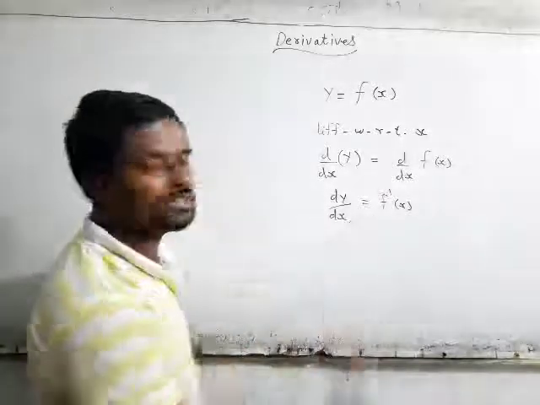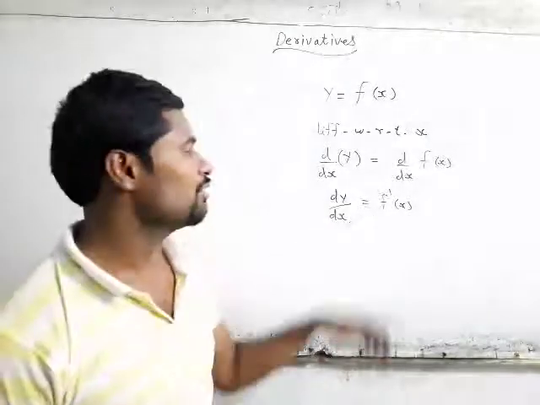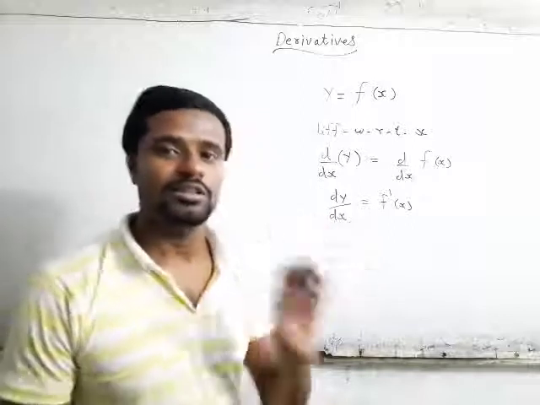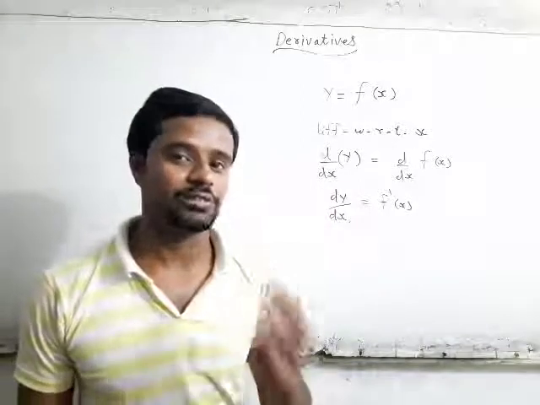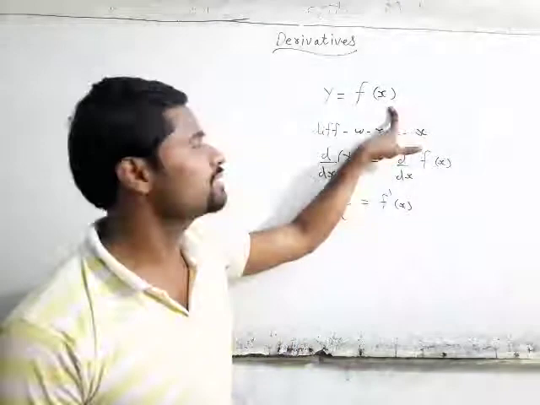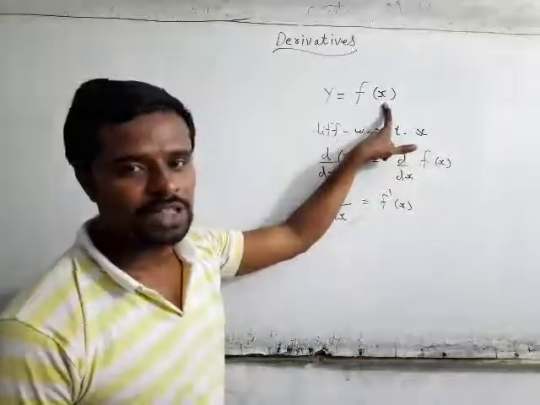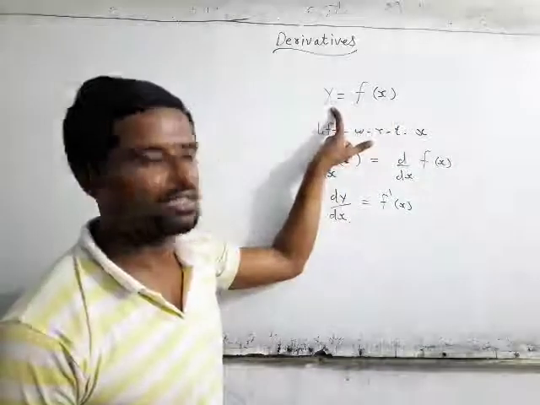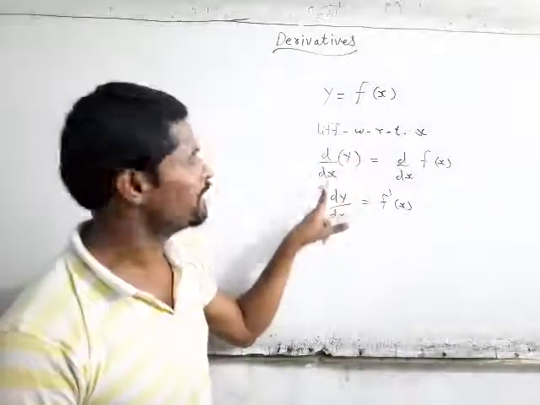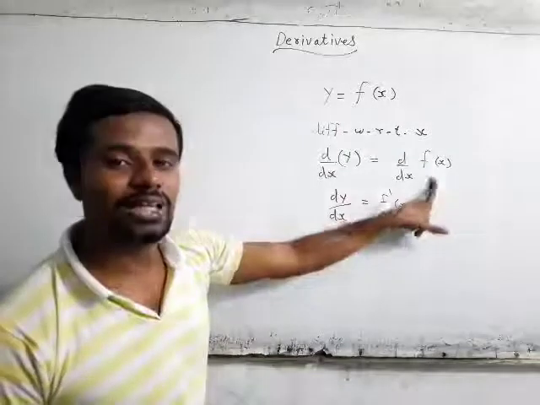So this is the introductory part of our chapter. First of all we should know what derivatives are. The notation d by dx means the derivative with respect to x, that is the command. Y is equal to f of x, y is a function of x, x is the independent variable, y is the dependent variable. Then you give the differentiating command. So derivative of y, dy by dx, and derivative of f of x, f dash x.